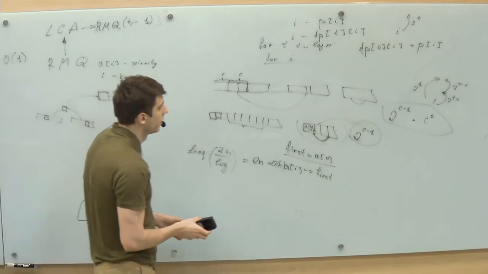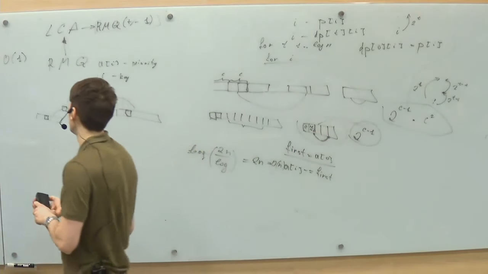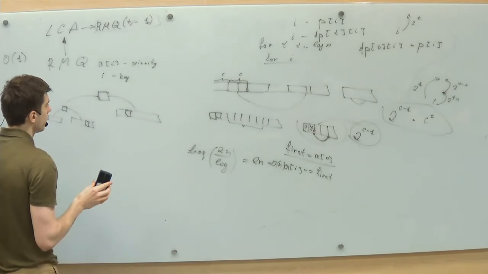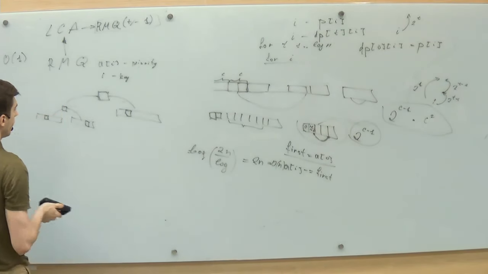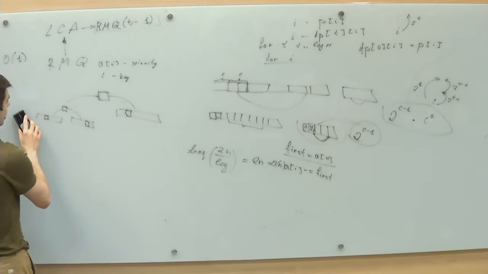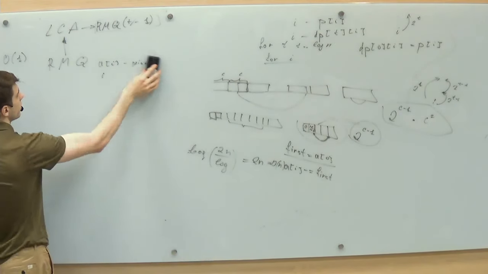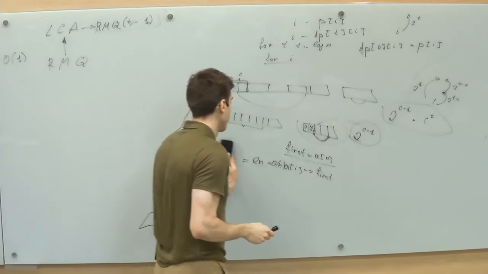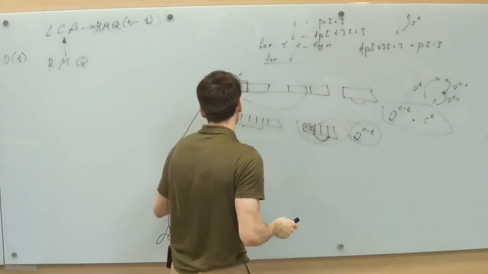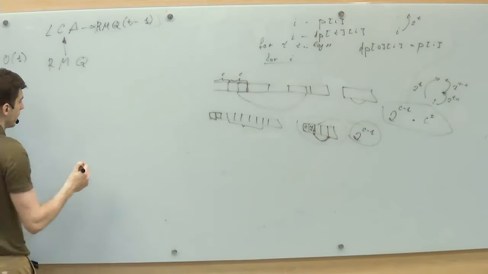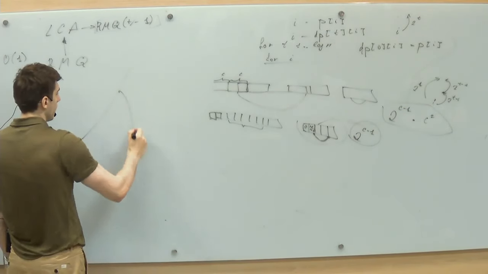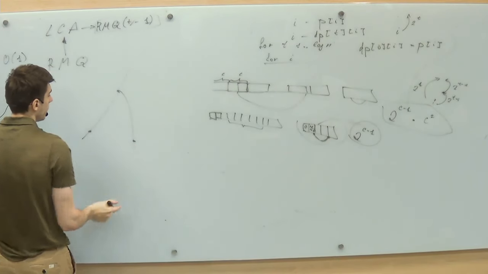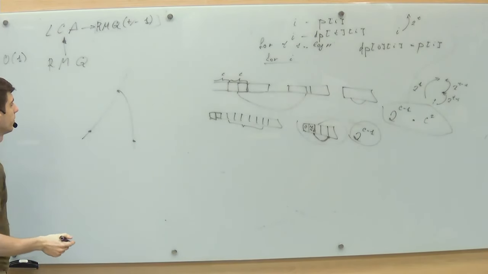Okay, I guess that is all about the LCA problem. We can talk a little bit more about some problems that are close to this one. For example, just any or almost any problem about queries on the tree. Say you have a tree and you want to find the maximum element on the path.